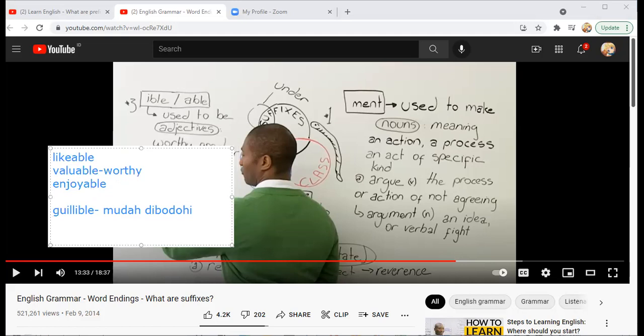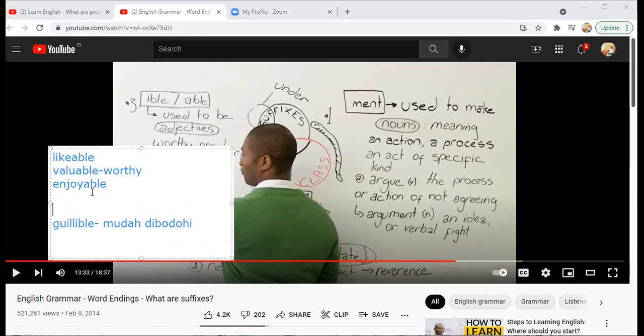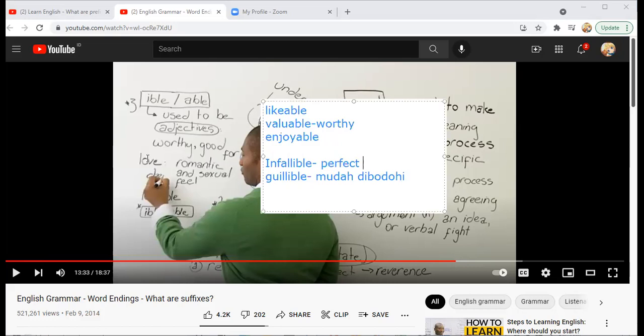So it's worthy actually. See, able, right? It means perfect. So it's actually mostly going to have a meaning of worthy or good for. But there are going to be cases like gullible, or like that's what it is. Okay, clear.